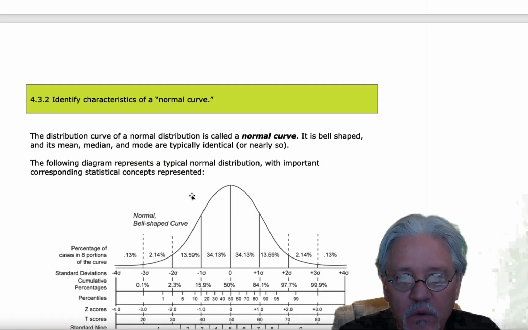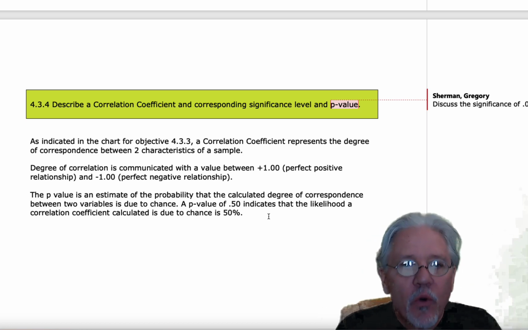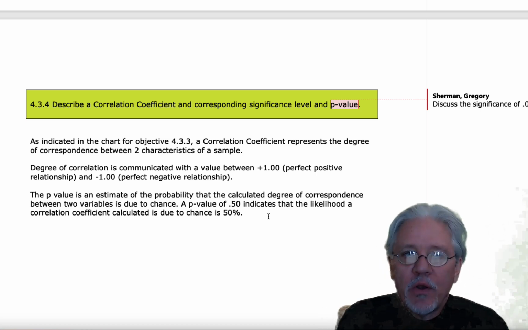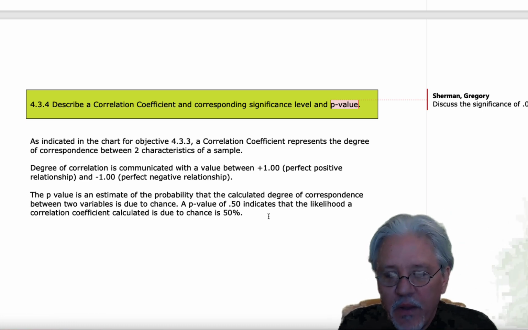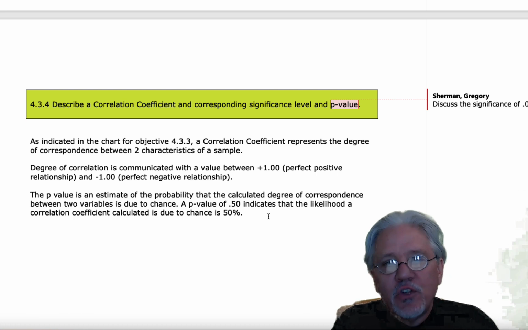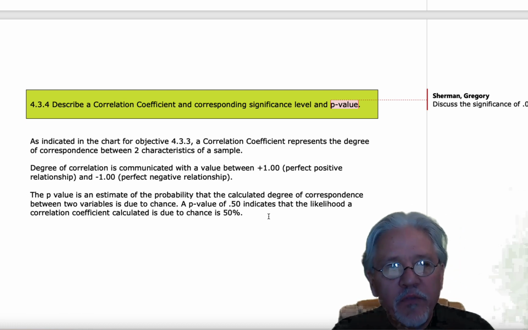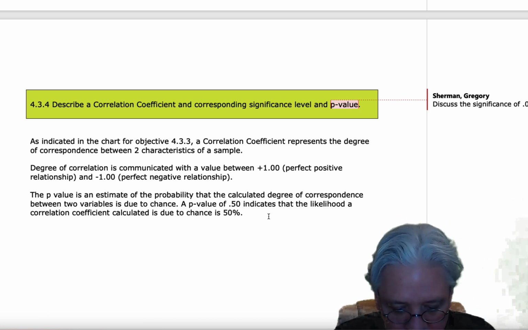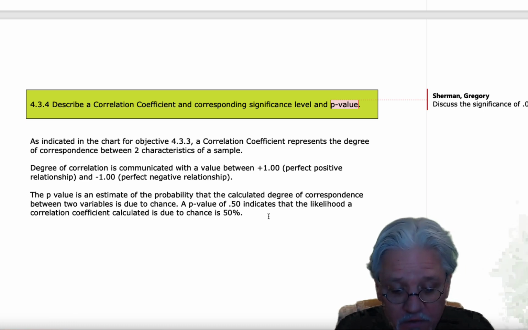That is so important. And finally, I'm going to end my elaboration of notes on 4.3.4, just describing correlation coefficient and the significance level, the p-value. P-value is just the probability value that if you observe something, the probability that it is what you observe and not what you think you're observing and not something else.